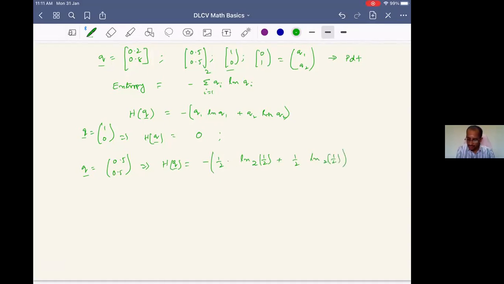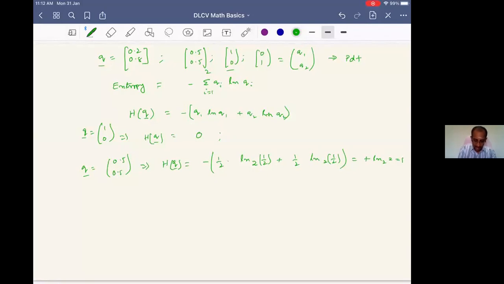Can one of you tell now? 1. Yeah, so 1 bit is necessary on an average to communicate a particular information, 1 or 0. That's what the bit is.